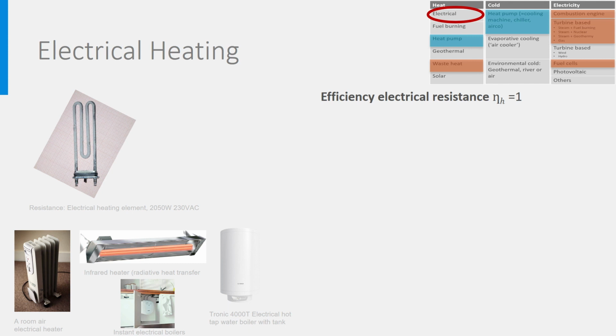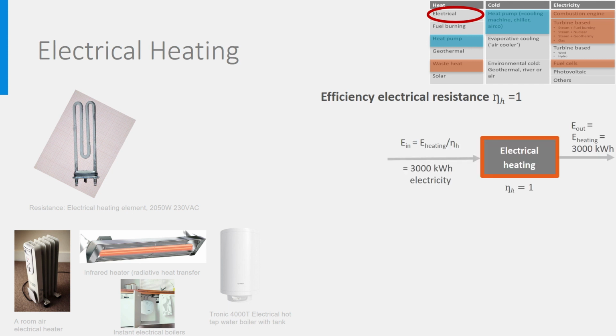Let's take the same example of a building with an annual heating demand of 3000 kWh. If we use an electrical heater to produce this heat, we need, of course, 3000 kWh electricity because the efficiency is 1. But that is not the primary energy, because this electricity must be made somewhere in a power plant using natural resources.